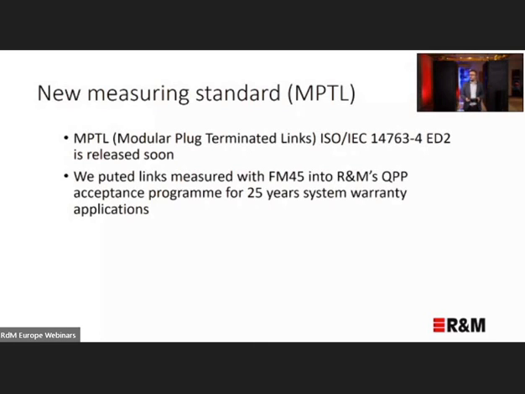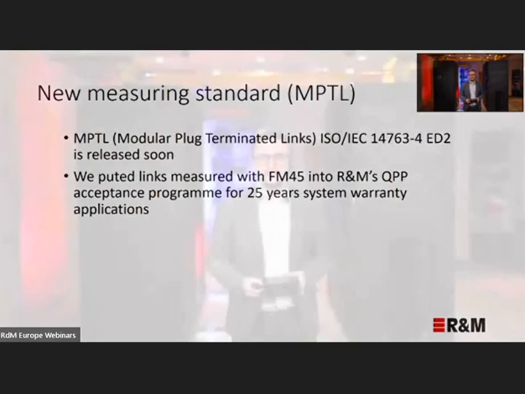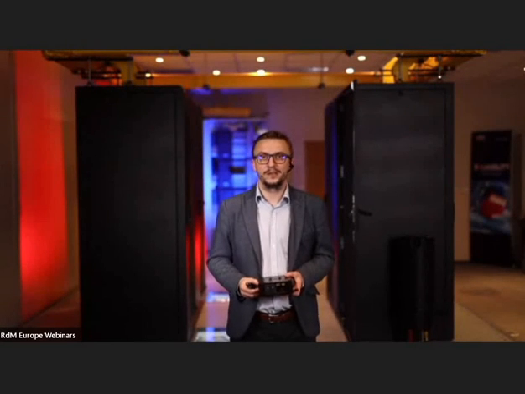From one side, you have to use a patch cord for measurement, and from the second side, where you have this FM45 field, you have to put it directly to the device, and then you can get a 25-year warranty.